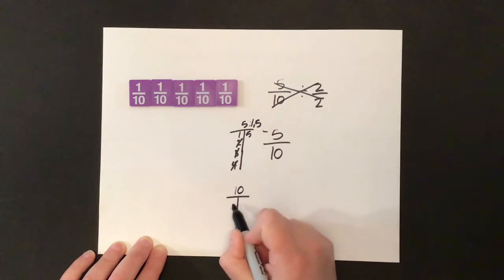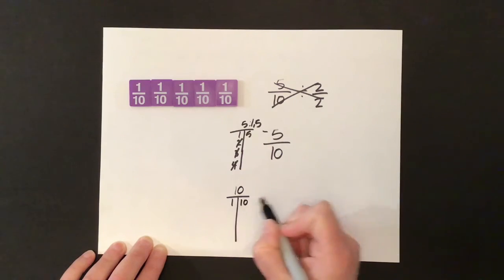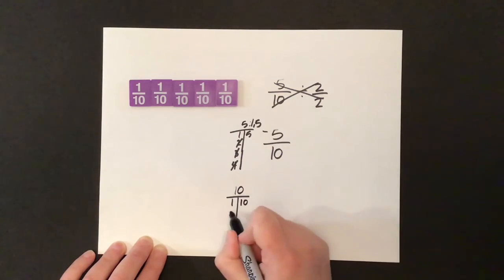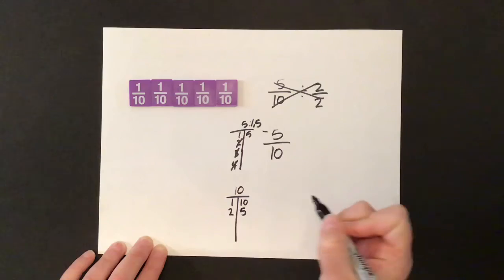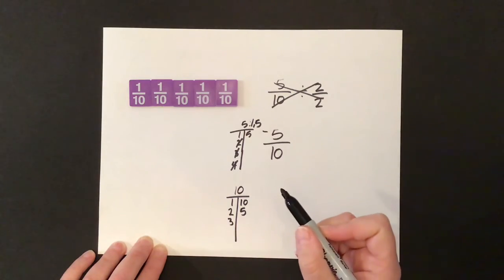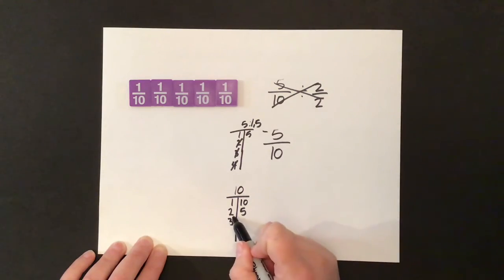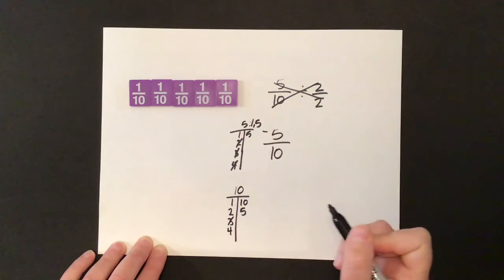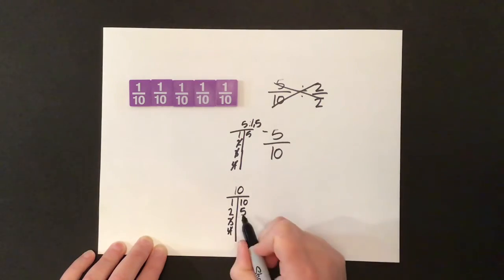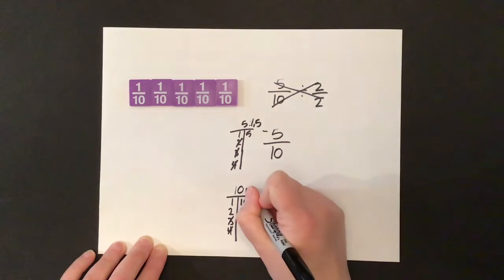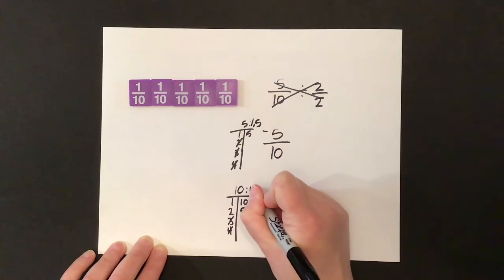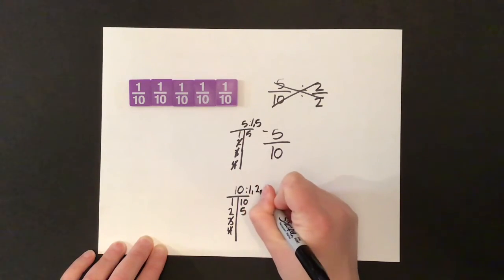So we know 1 times 10, those are both factors. 2 times 5, those are both factors. 3 is not a factor. 4 is not a factor, and 5's on the list. So 10 has 4 factors, 1, 2, 5, and 10.